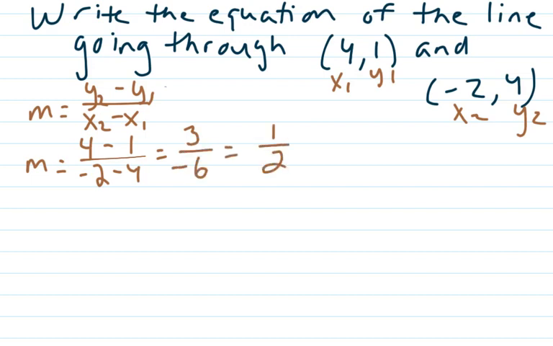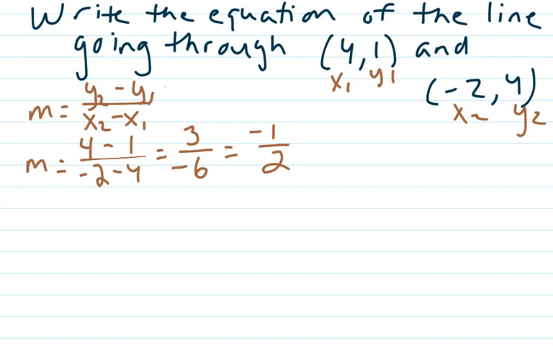Now, 3 over 6 simplifies to 1/2. The negative in the denominator, you're welcome to keep it there, but I prefer to have my negative in the numerator. If I have time at the end of this recording, I'll show you why you're allowed to move that. But for right now, I'll just tell you you can move that.